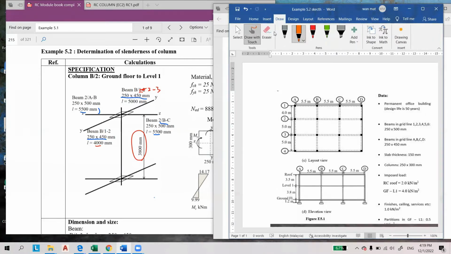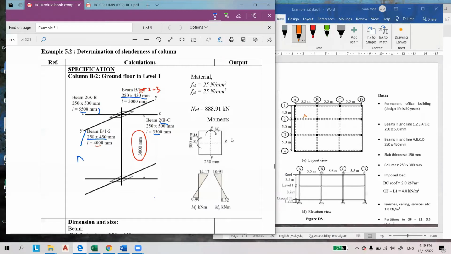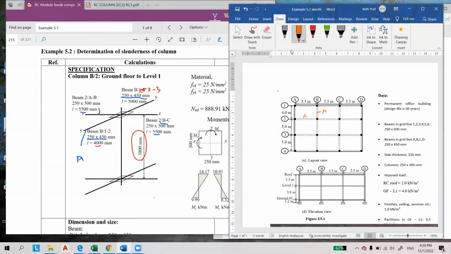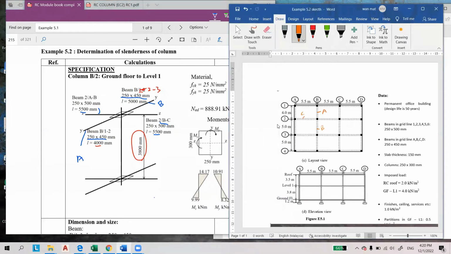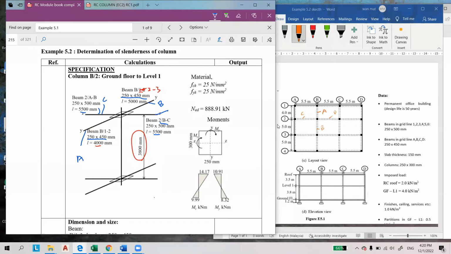Let's say we name this beam A. This is beam A, and then this is B. Sorry, A is here. This is A, and this one is B. I hope you can imagine. And then this one is C and this is D.